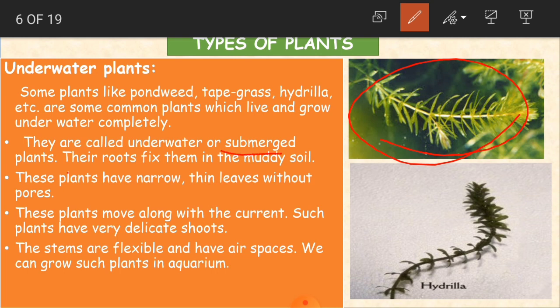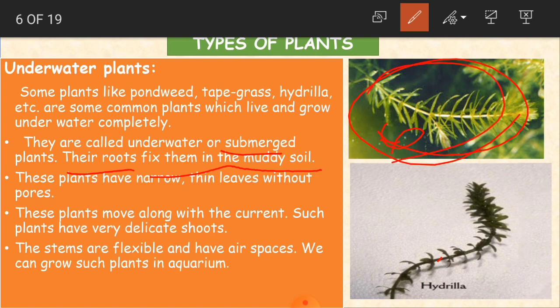Their roots fix them in the muddy soil. Even here the roots of the plants are fixed in the soil, but the only difference is, for fixed plants like lotus and lily, even though the roots are fixed in the mud, the leaves and the flowers float over the surface of the water.